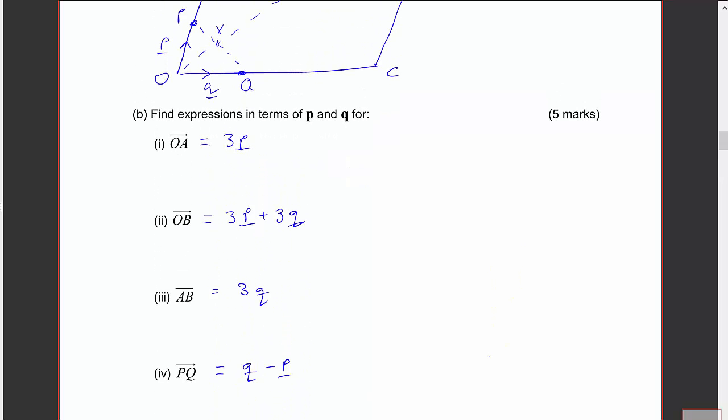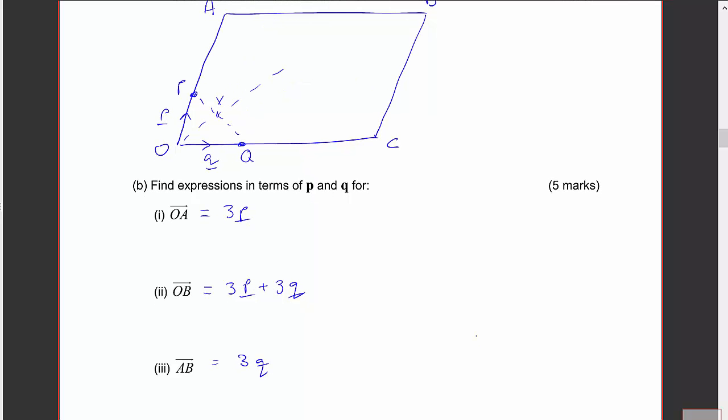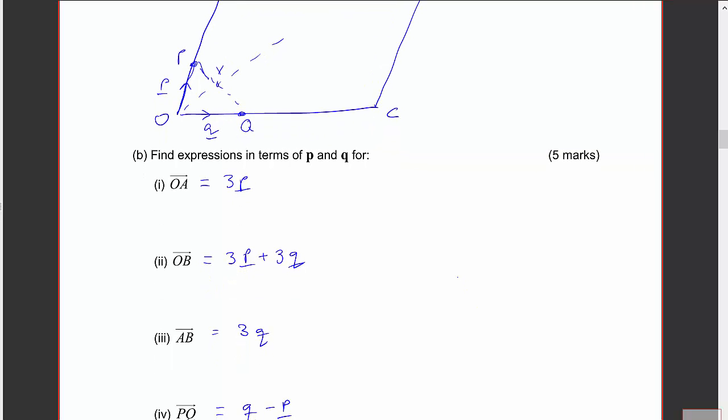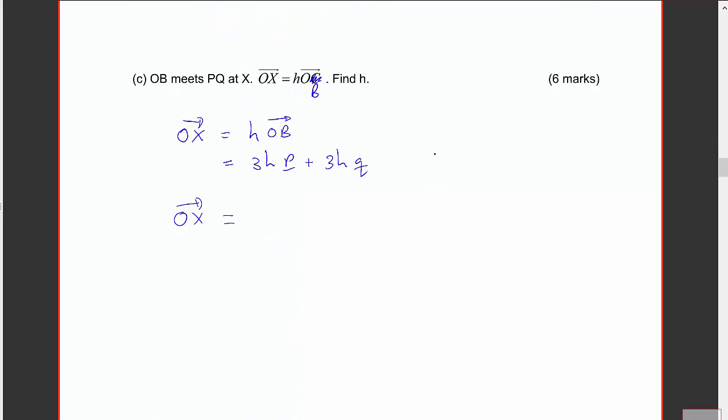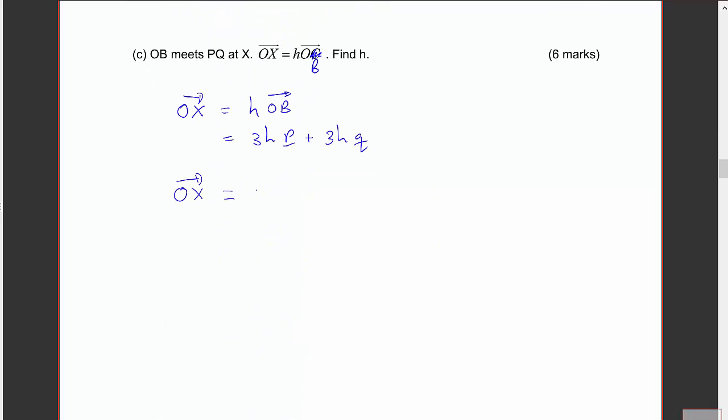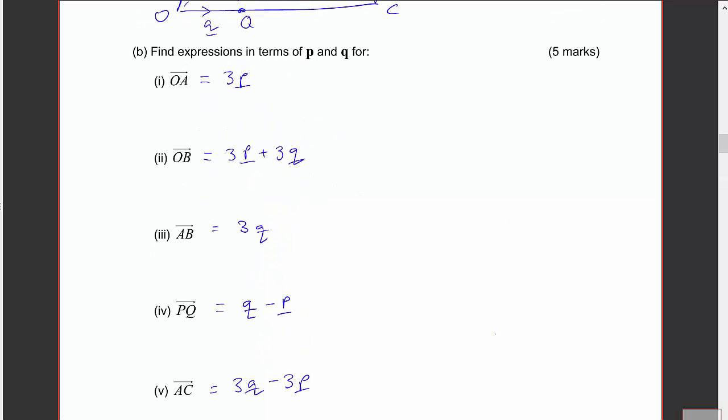So OX, how else could we get there? Well, we could go up here and then down there, like so. So that is going to be p, and we don't know how far along PQ.